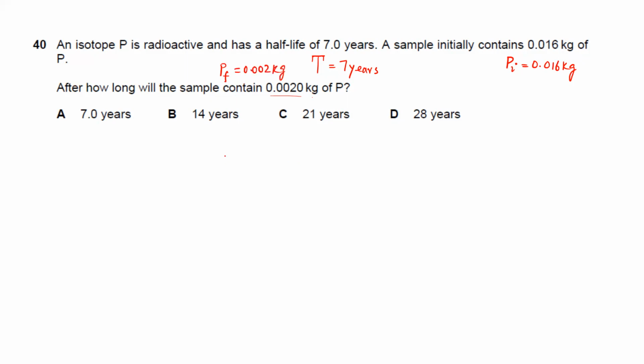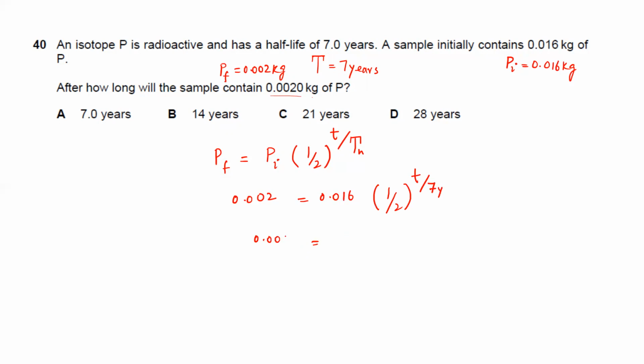So P final is P initial times half to the power of the time it takes divided by the half-life. So P final is 0.002, P initial is 0.016, half, and I have to calculate this T divided by 7 years. So just simply equate the two fractions together: 0.016, 1 by 2, T by 7.